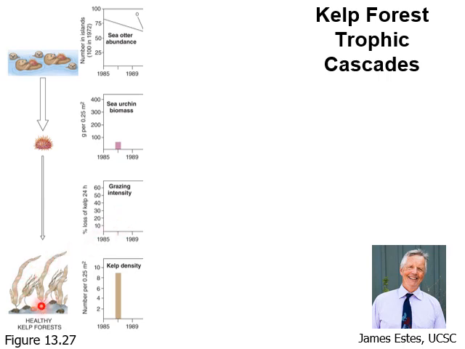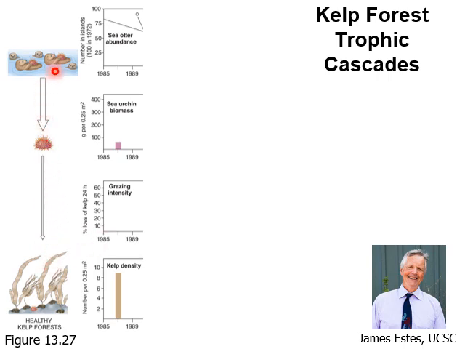And that will result in there being lots and lots of kelp, because they're being protected from those urchins by the sea otters. Urchins are particularly problematic for kelps because urchins will eat the holdfasts of kelp, meaning that once that holdfast goes away, then the kelp becomes dislodged and drifts ashore, and that is no longer living.